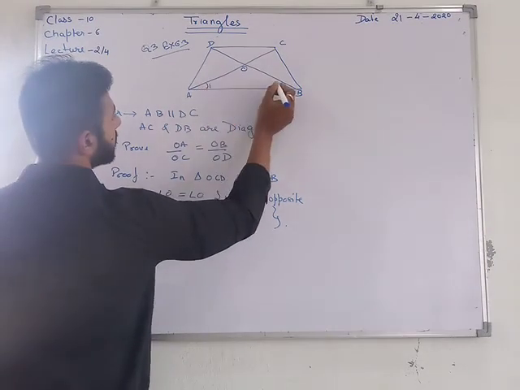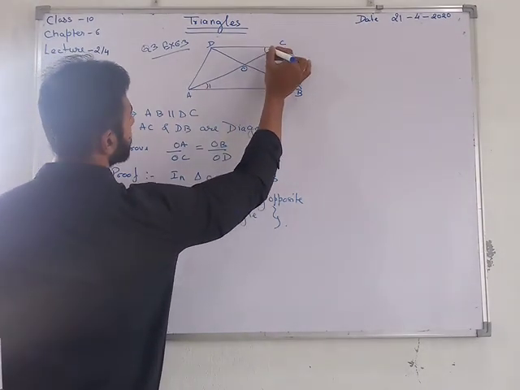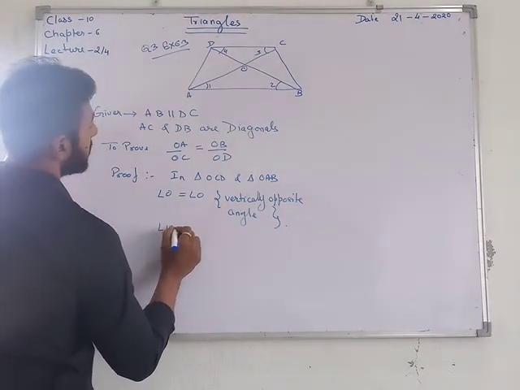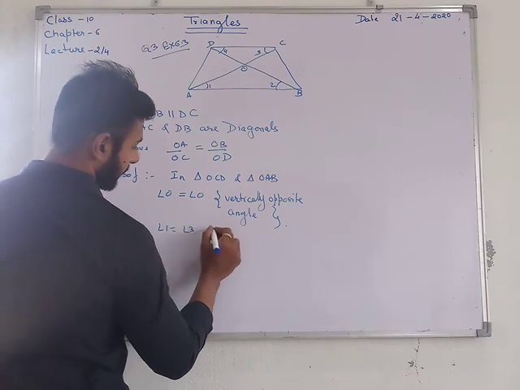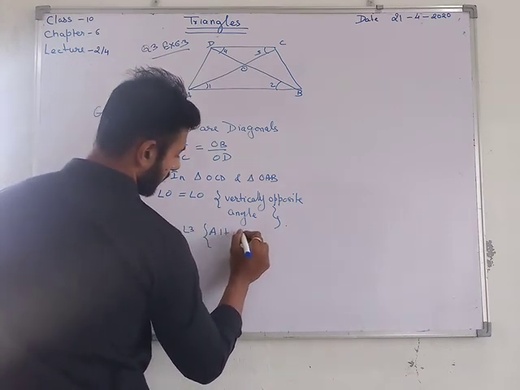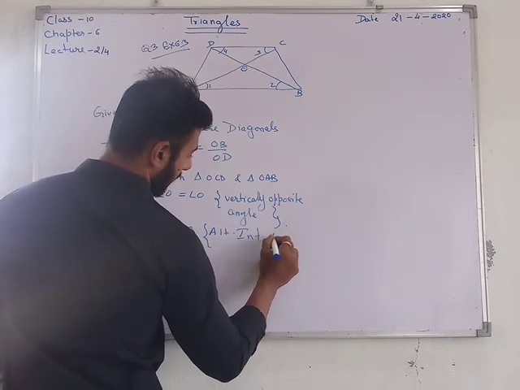This is angle 1, this is 2, this is 3, this is 4. Angle 1 is equal to angle 3, alternate interior angles.